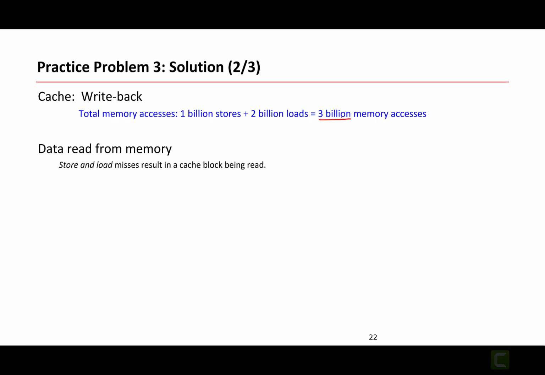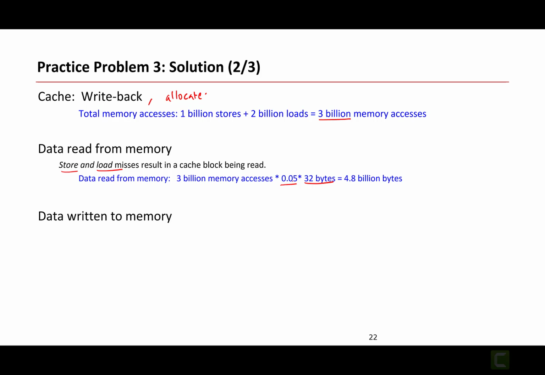When you have a write back cache and you're trying to compute how much data you need to read from memory, and you assume a write allocate policy, then for both store and load misses, you're going to read the block into the cache. Not 3 billion memory accesses, but the fraction of accesses, 5% of 3 billion memory accesses, will bring in 32 bytes worth of data.